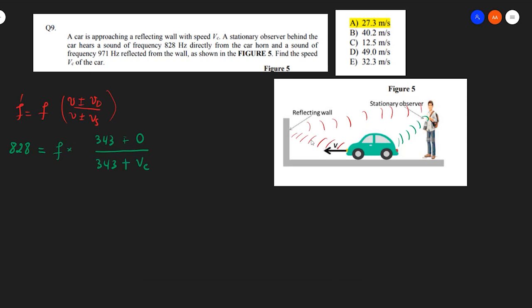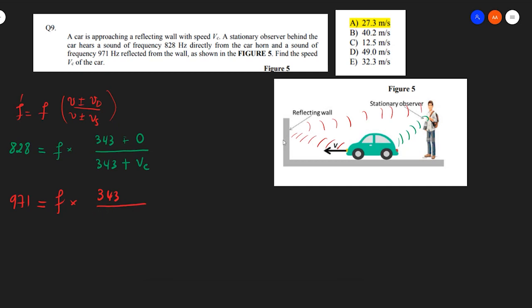From the red here, what I put here in red, it will be like this. So the result is given as 971 hertz. The frequency is the same, F, multiplied by the velocity of sound, again 343. Now, what happens?